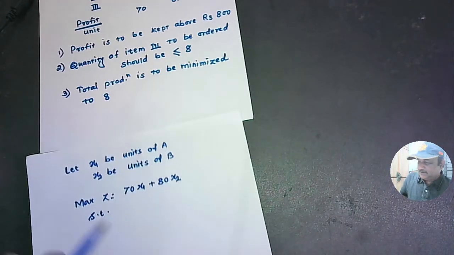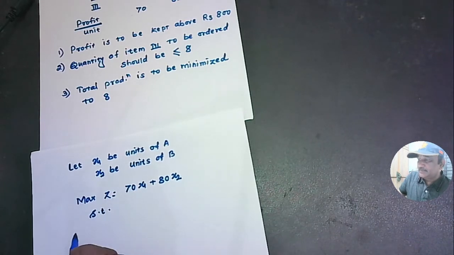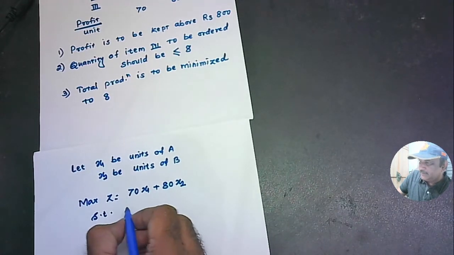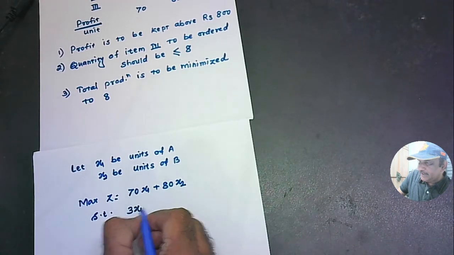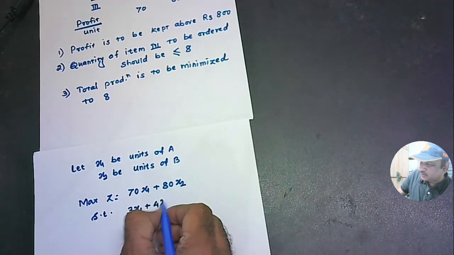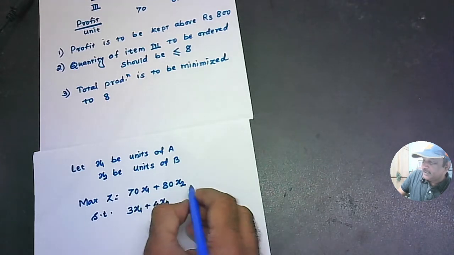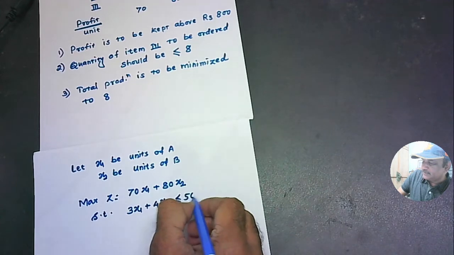So this will be the objective function, and then your first constraint will be due to the availability of chemical 1. It is required to be 3x1 plus 4x2, and the available quantity of chemical 1 is 50, so this is to be less than or equal to 50.